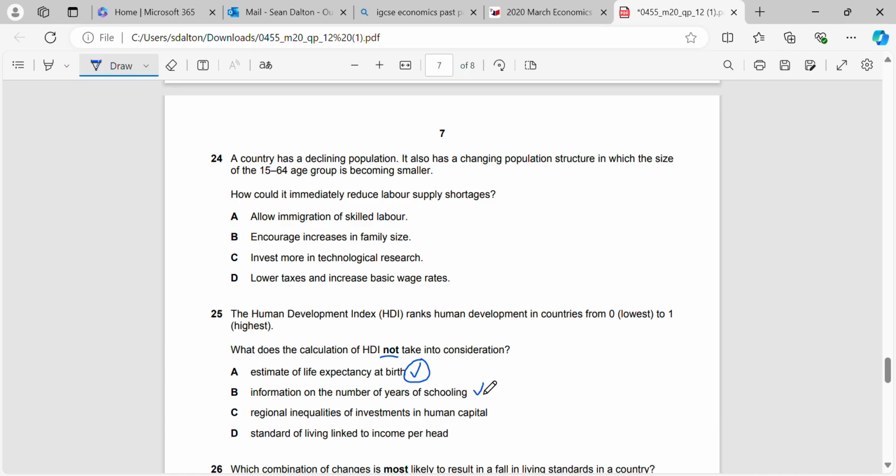It does include the number of years of schooling. And it does include the standard of living linked to income per head, because that is literally what it measures. But it does not include regional inequalities of investment in human capital.